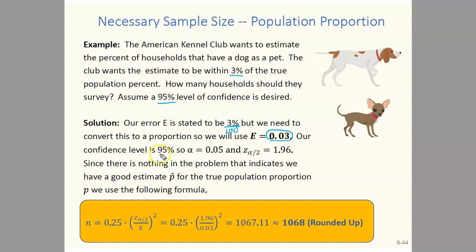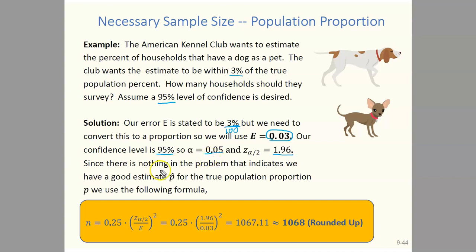Now our desired confidence level is 95%, so the significance level alpha will be 0.05, that's 1 minus 0.95, and the corresponding critical value Z alpha over 2 will be 1.96. You can verify this using the NORM.INV function in Excel with a significance level of 0.05, as we've done before.